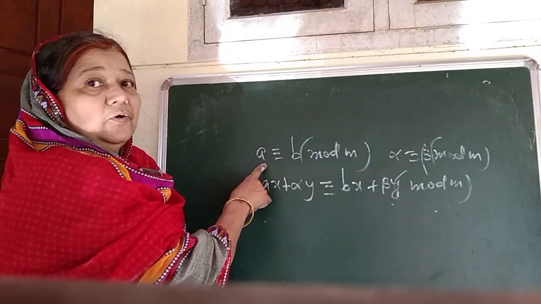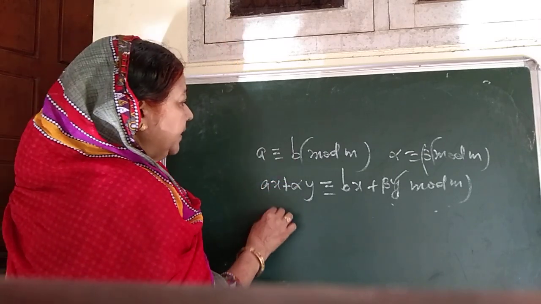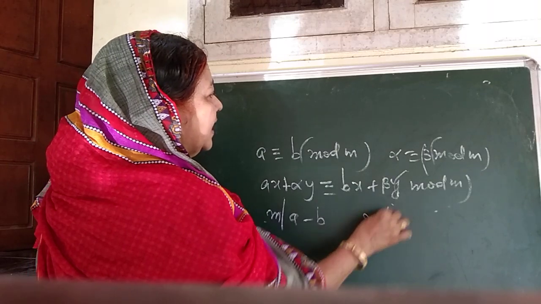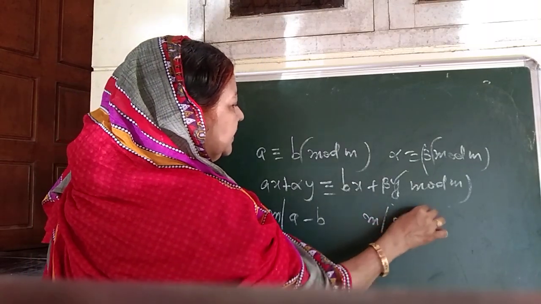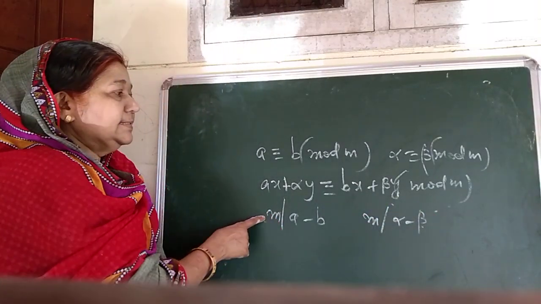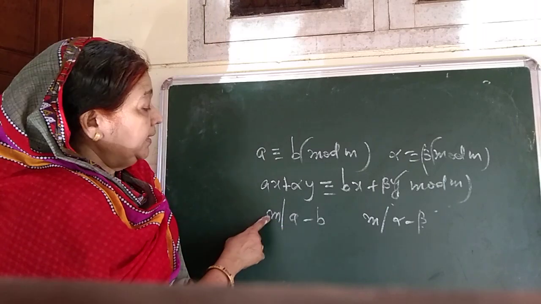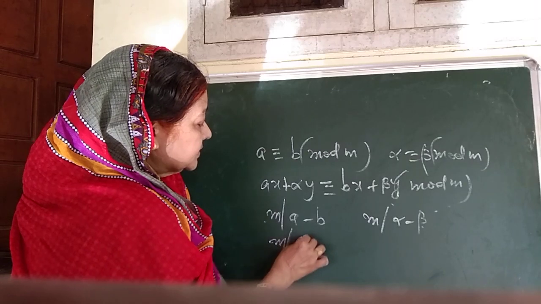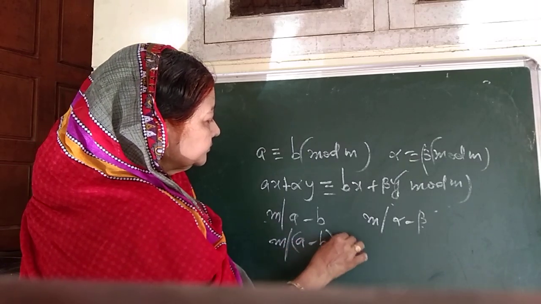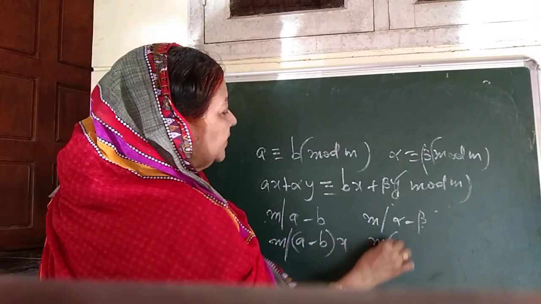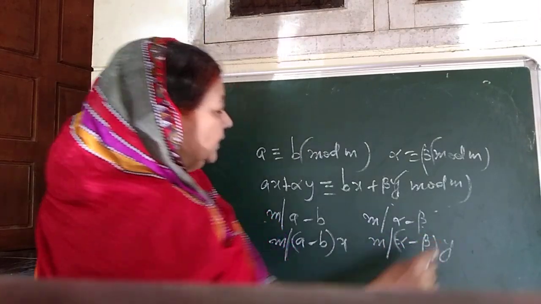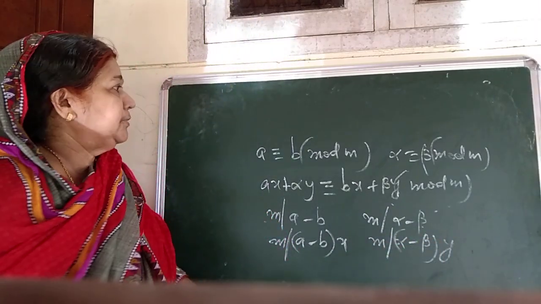Since a is congruent to b mod m, m divides a minus b. Similarly, m divides alpha minus beta. Since m divides a minus b, m divides (a minus b) into x. Similarly, m divides (alpha minus beta) into y. Then again we can apply the linearity property.